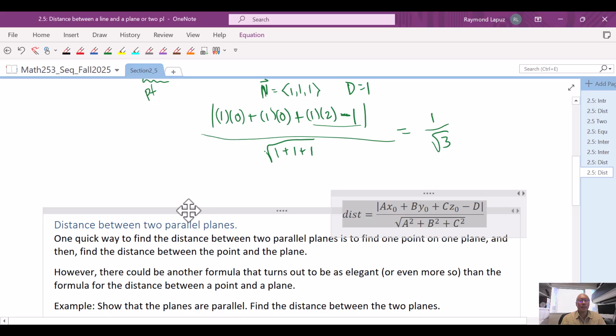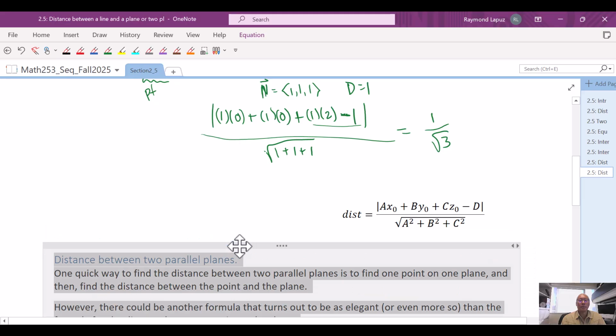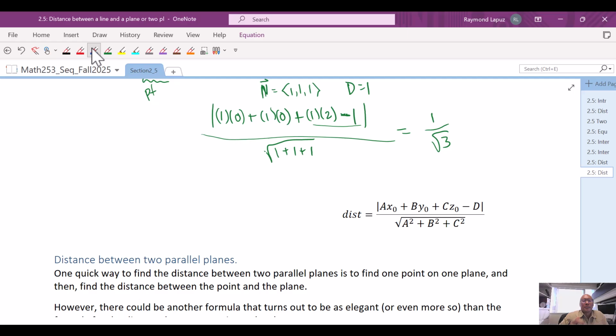But there's something else interesting that can happen, and as nice as this formula is, we can actually come up with a nicer formula. So imagine two parallel planes. So we got two parallel planes that may look something like this. What we can do is we can find a point on the first plane.